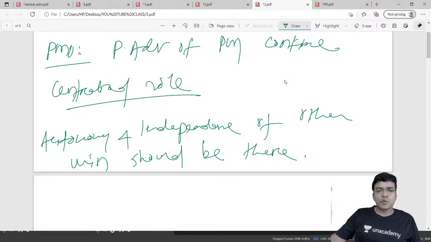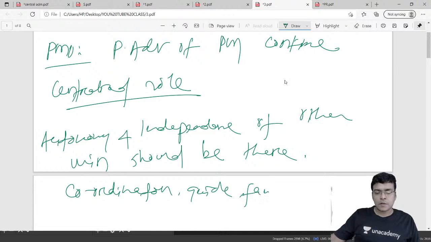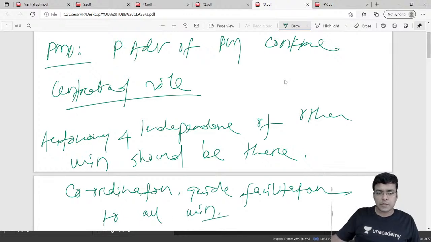So PMO should ensure that the autonomy and independence of other ministries continue, and it should play the role of coordinator, guide, facilitator to all ministries. Clear? So you should write how effective a role the principal secretary and PMO should play.